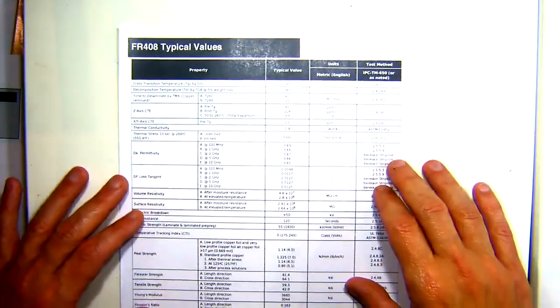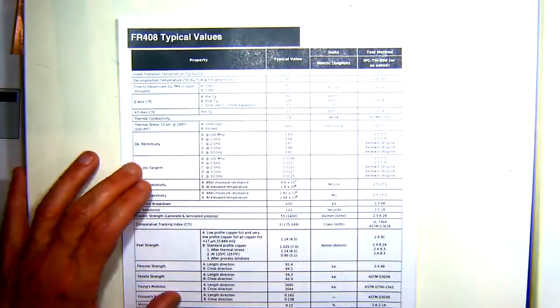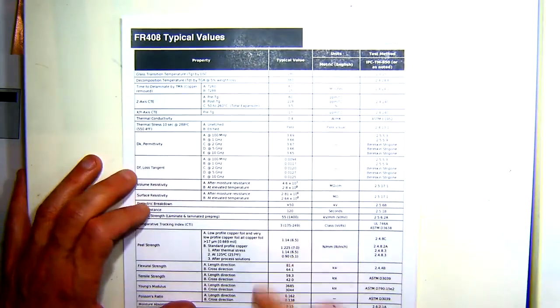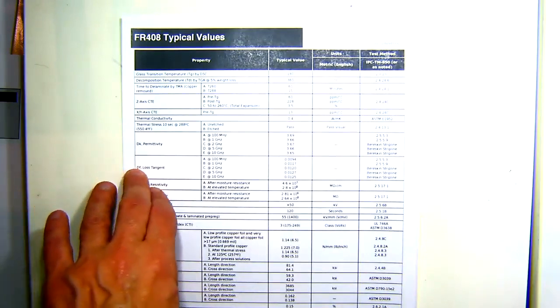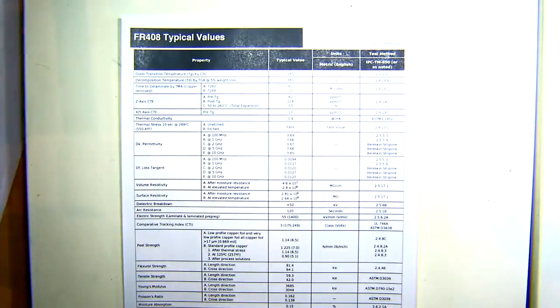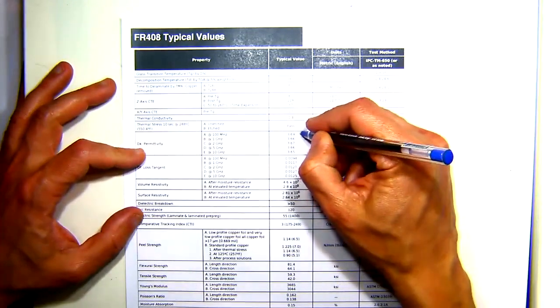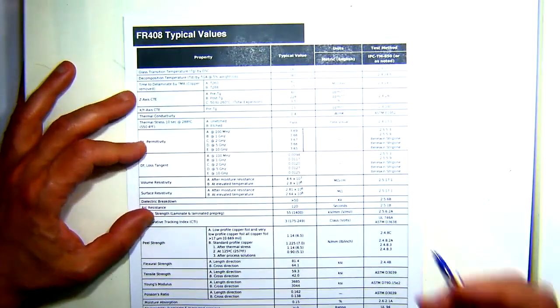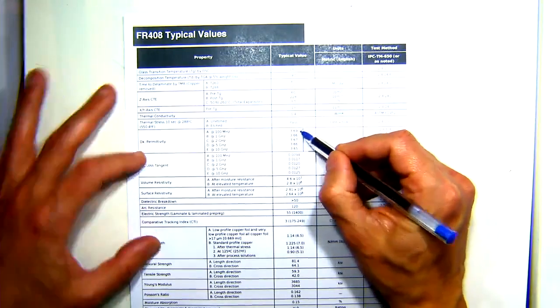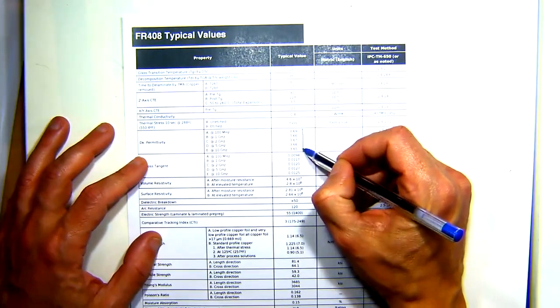These are all defined at a particular frequency, and what you will see here is that the permittivity is frequency dependent. At 100 meg it's 3.69, at 10 gig it's 3.65.